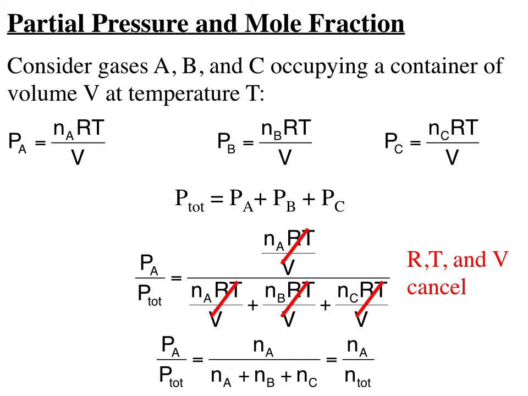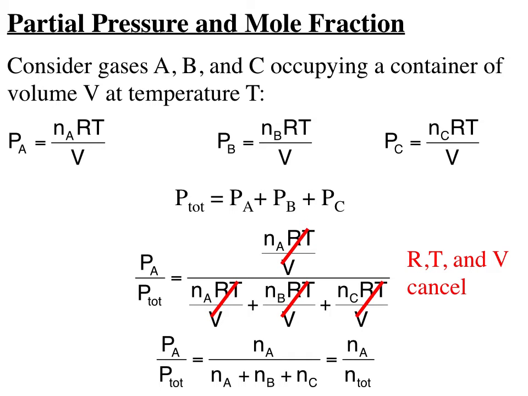Now, if these gases are behaving ideally, Dalton's law of partial pressures holds, so Ptot is PA plus PB plus PC. And if I were to divide PA by Ptot, I would get NA RT over V divided by NA RT over V plus NB RT over V plus NC RT over V. So I'm just going to put the ideal gas formula equivalent of PA on the top and Ptot on the bottom.